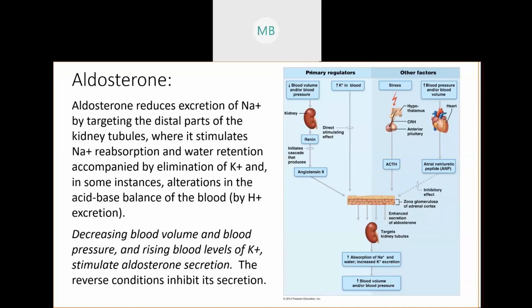Angiotensin 2 is what interacts with the zona glomerulosa of your adrenal cortex, because remember, your adrenal gland is sitting right on top of your kidney. This message does not have to go far at all. Right? So angiotensin 2 tells your body, make aldosterone. You make the aldosterone, sodium levels go up, potassium goes down, blood pressure goes up.